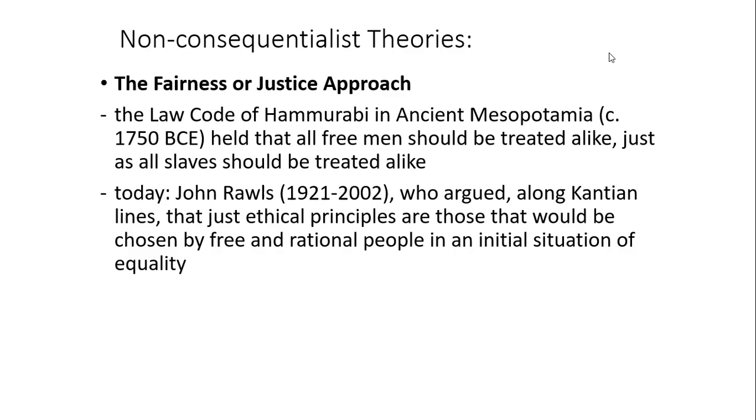There was a statement there that all free men should be treated alike, just as all slaves should be treated alike. That is to say, be fair towards everyone. So it's really against discrimination. If people are in the same situation, they should be treated alike.